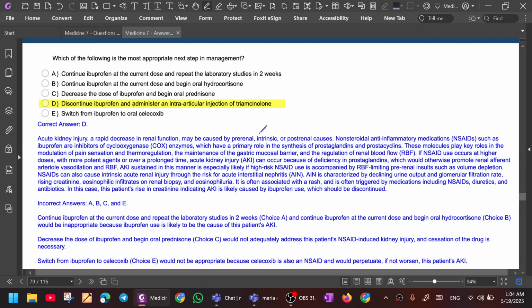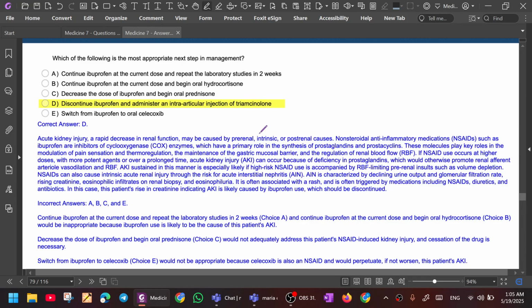If NSAID use occurs at higher dose with more potent agents or over prolonged time, acute kidney injury can occur because of deficiency of prostaglandin, which would otherwise promote renal afferent arterial vasodilation and renal blood flow.